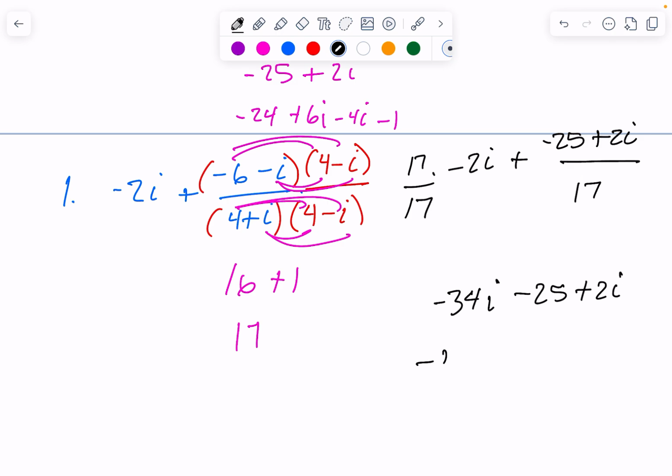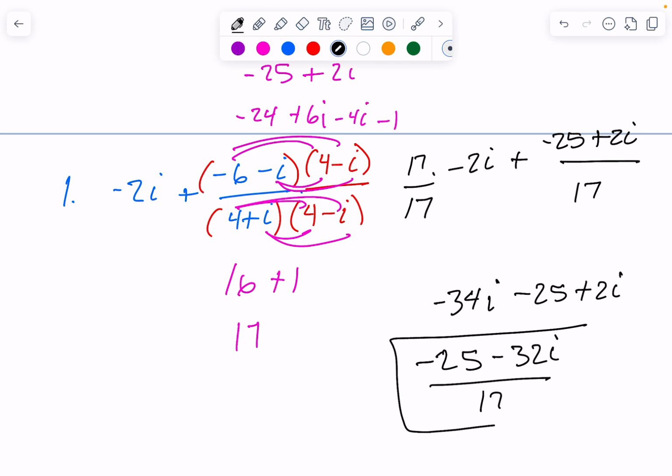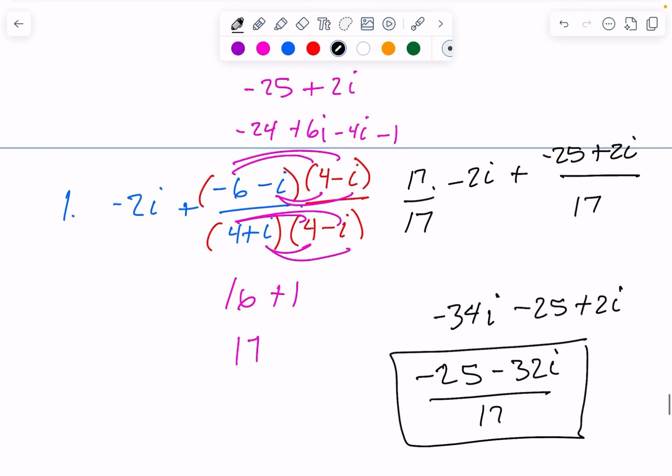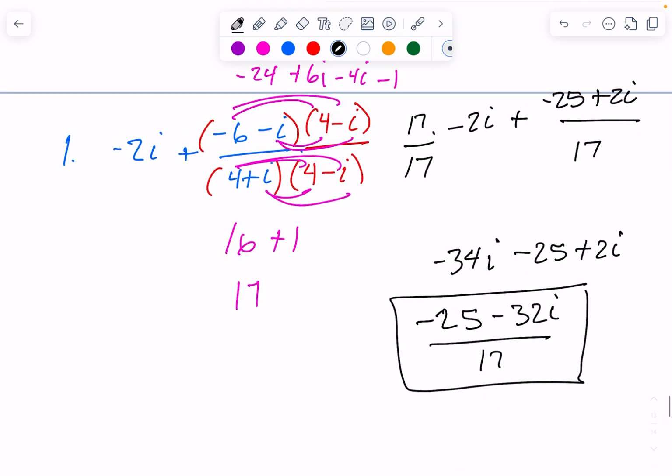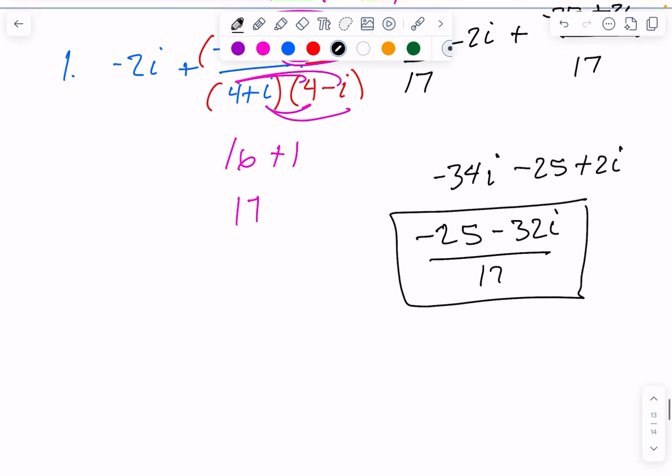So it's -25 minus 32i over 17. And I think that's the answer. I did do some stuff in my head, so it's very possible I made a mistake. But I don't think so. I think I got it right.